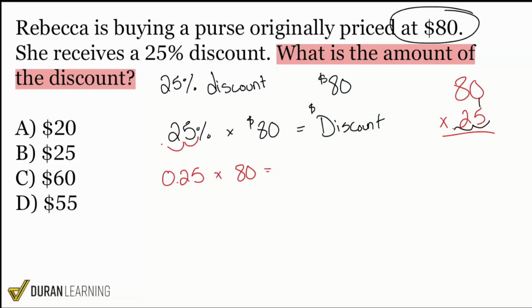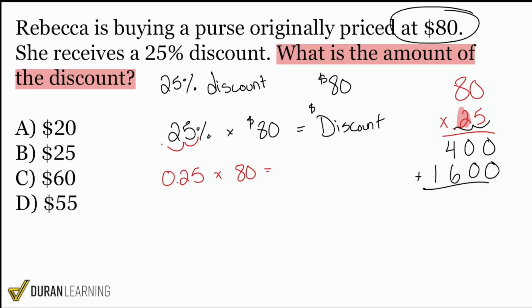So here we go. 0 multiplied by 5, that'll be 0. 8 multiplied by 5, that'll be 40. Then we have a 0 here, so we can move over to the 2 that's right there. So we'll have 2 multiplied by 0, which is 0. 8 multiplied by 2, which will be 16.